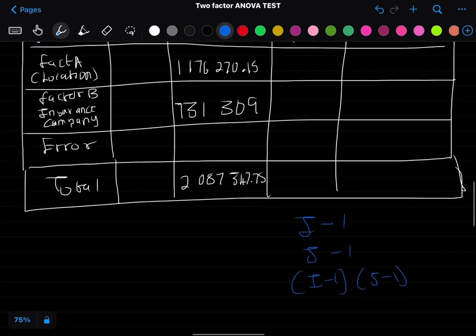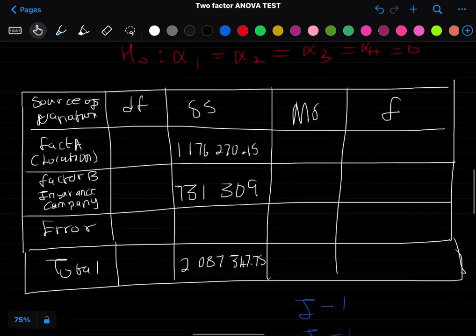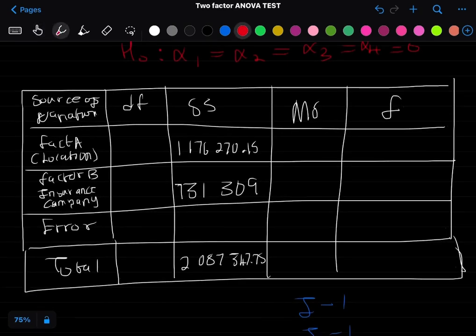And lastly, for the total it is IJ-1. So in this case, we will have 3, then we'll have 4, then we'll have 12, and last we'll have 19.